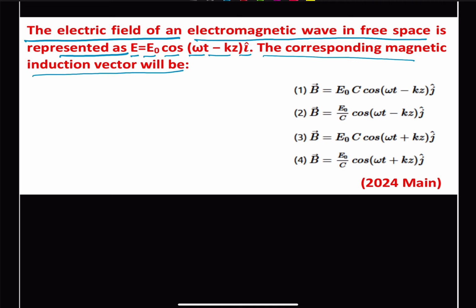So we can use the given equation, which is electric field equal to E naught, where E naught is the magnitude, cos of omega t minus kz i unit vector.